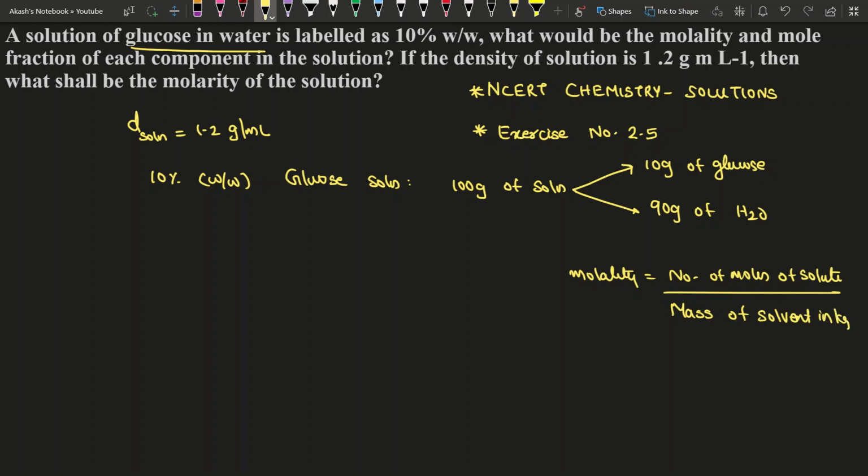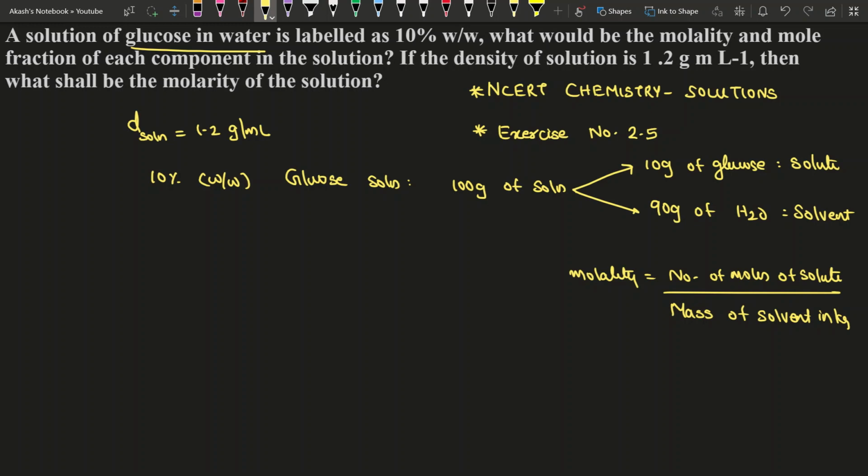If the mass of the solvent is expressed in gram, you need to divide it by 1000. So we need mass of the solvent in kilogram. We know the mass of the solvent, that is 90 gram. We need to convert it into kilogram, but we don't know the number of moles of solute. Here glucose is dissolved in water, so the glucose is the solute and water is the solvent.